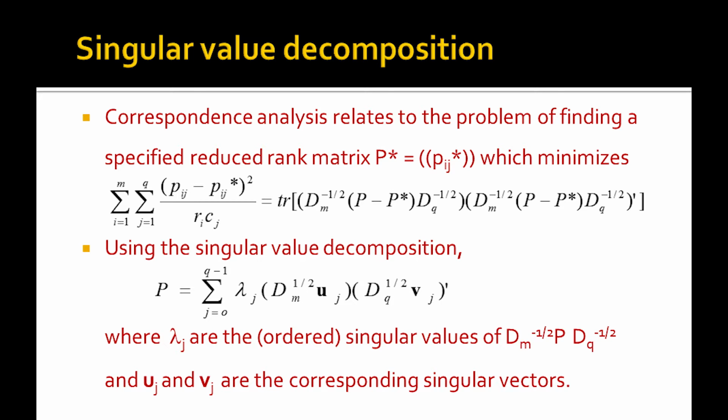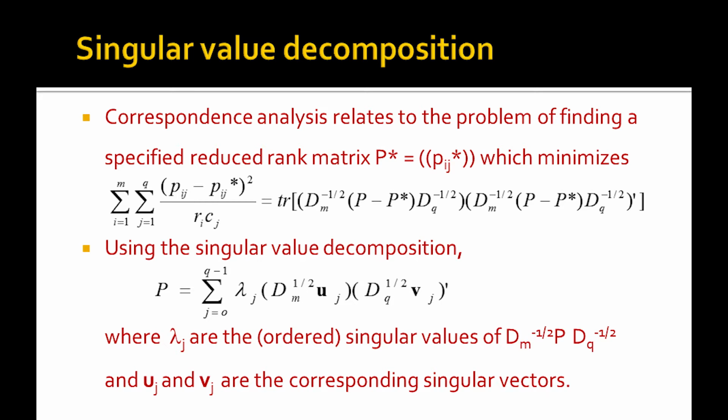Now this value can be written as the trace of Dm to the power minus half, P minus P star, Dq to the power minus half, into the same thing transposed. Mind you, it's a square, so we take this, its transpose, and then take the product of these two matrices. We then take the trace of this.